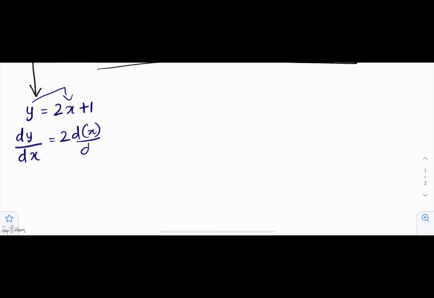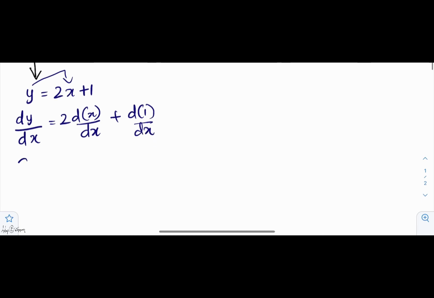Keeping the coefficient aside, you just focus on the variable and differentiate that. When we differentiate this, you will get 2 times 1, because the differentiation of x with respect to x is 1, and the differentiation of the constant 1 with respect to x is 0. So finally dy over dx is equal to 2.